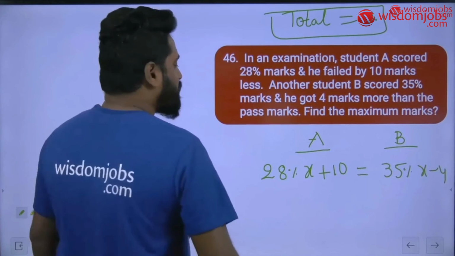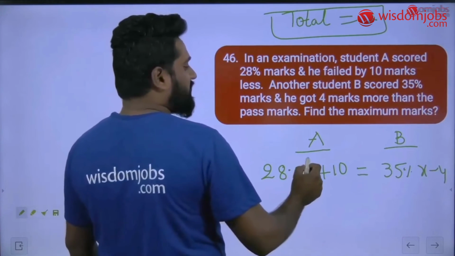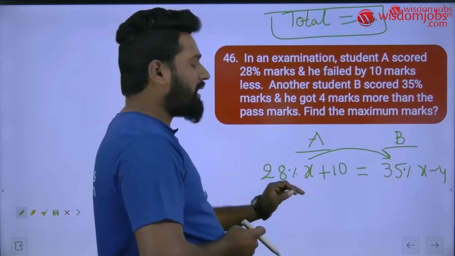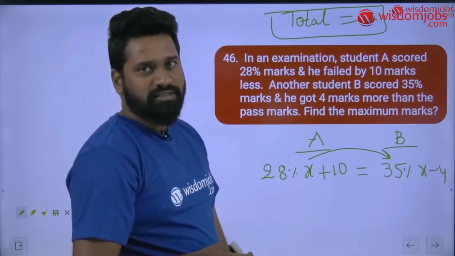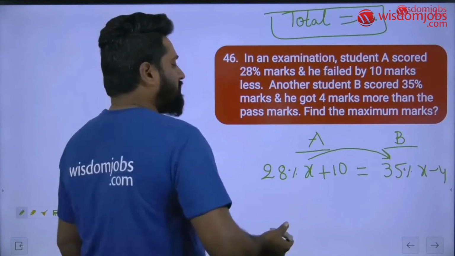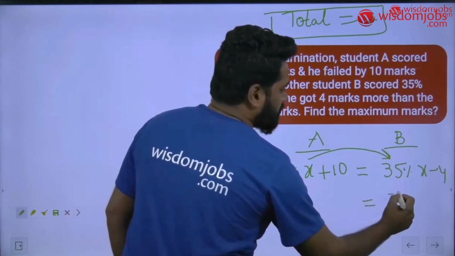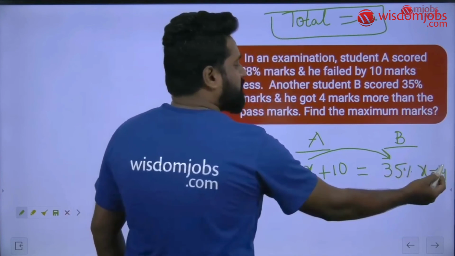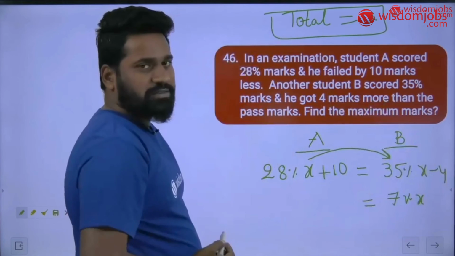So here take the 28% to that side: 35% of x minus 28% of x. How much does it become? That is 7% of x. And the minus 4 you have, take to this side, it becomes plus 4.